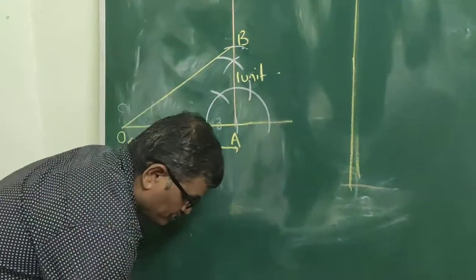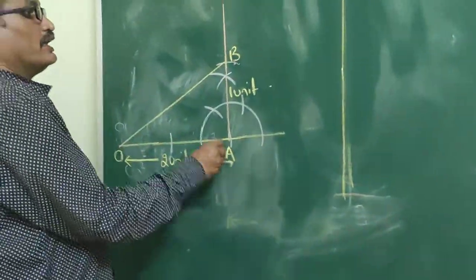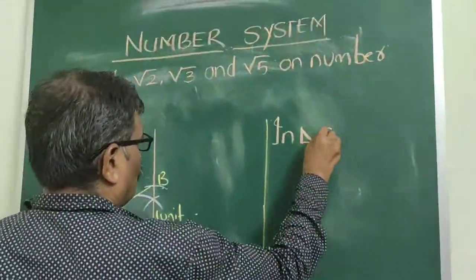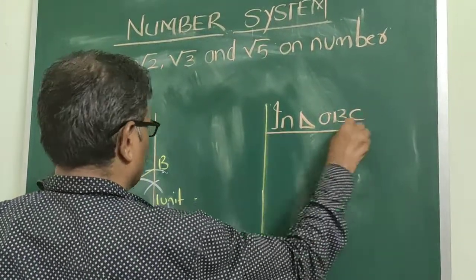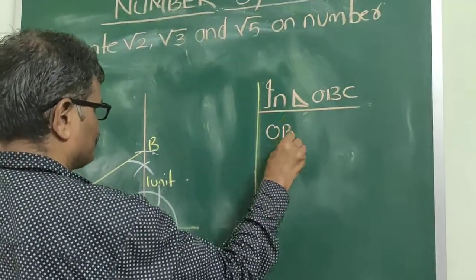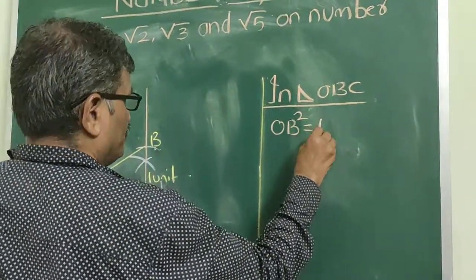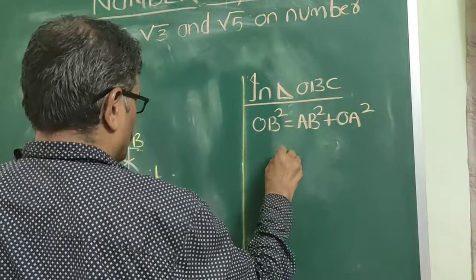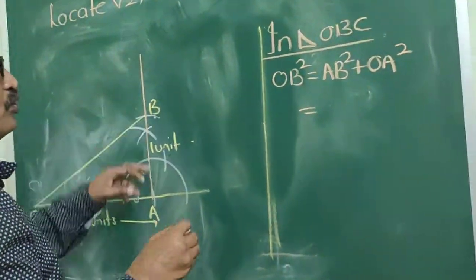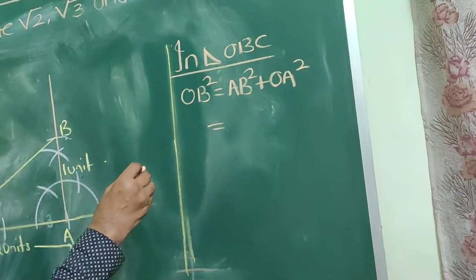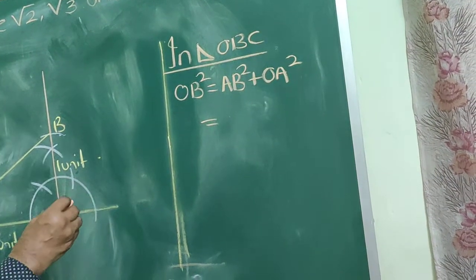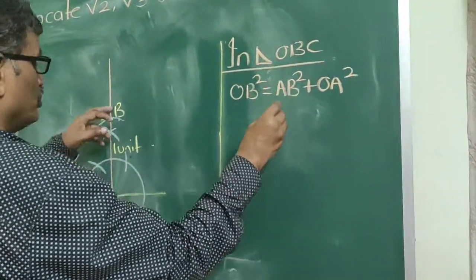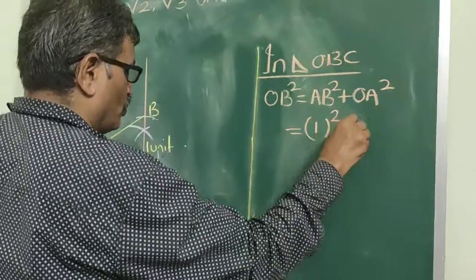See what we have proved. In right angle triangle OAB, OB square is equal to OA square plus AB square, and AB you know is equal to 1, OA is equal to 2.